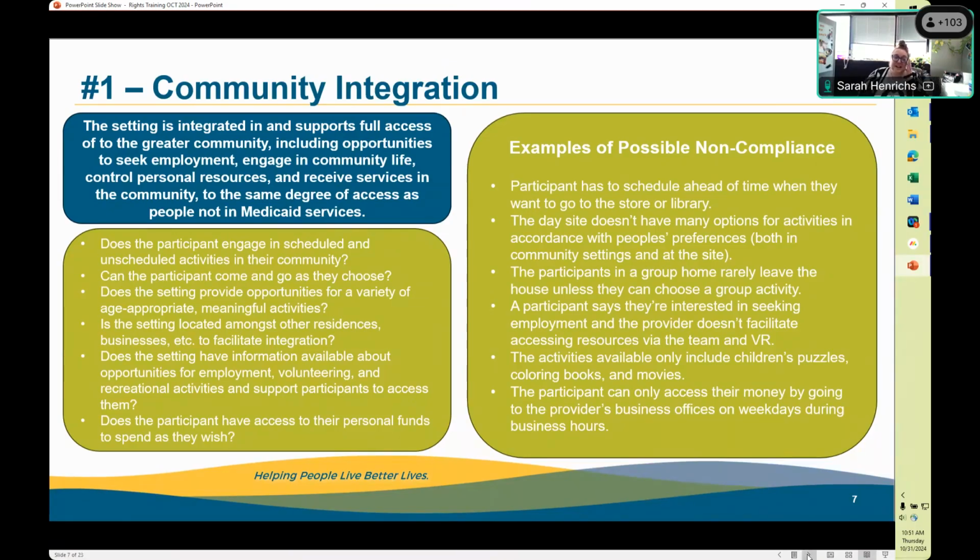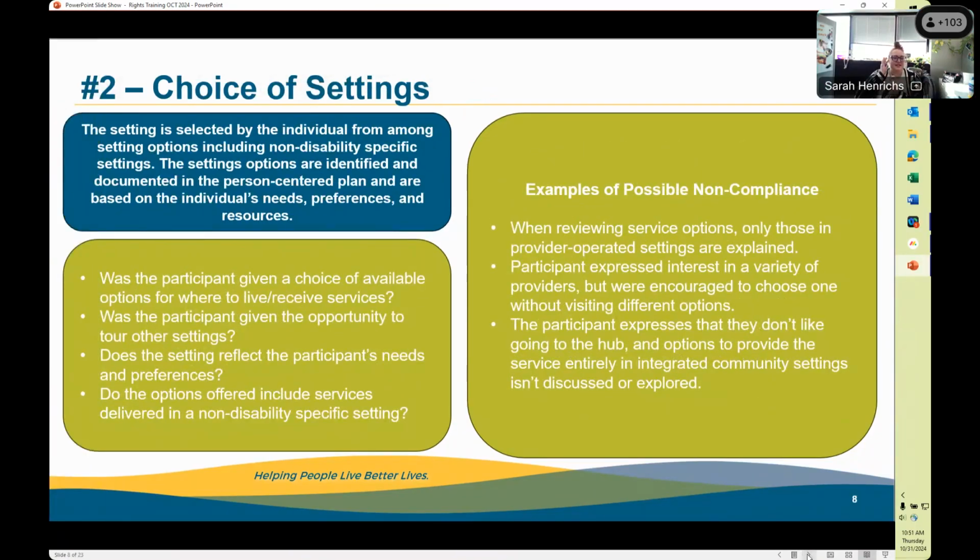All right. Next one is choice of settings. The setting is selected by the participant or the individual from amongst setting options, including non-disability specific settings. The settings options are identified and documented in the person-centered plan and are based on the individual's needs, preferences, and resources.